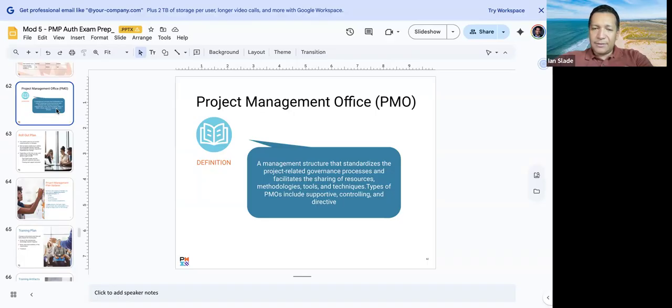Mike and I are with the IT PMO, so pretty much any and all projects we help support. It doesn't necessarily mean that the PMs and the resources are part of the PMO, but we are here to support and provide assistance, especially with methodologies, tools, and techniques.